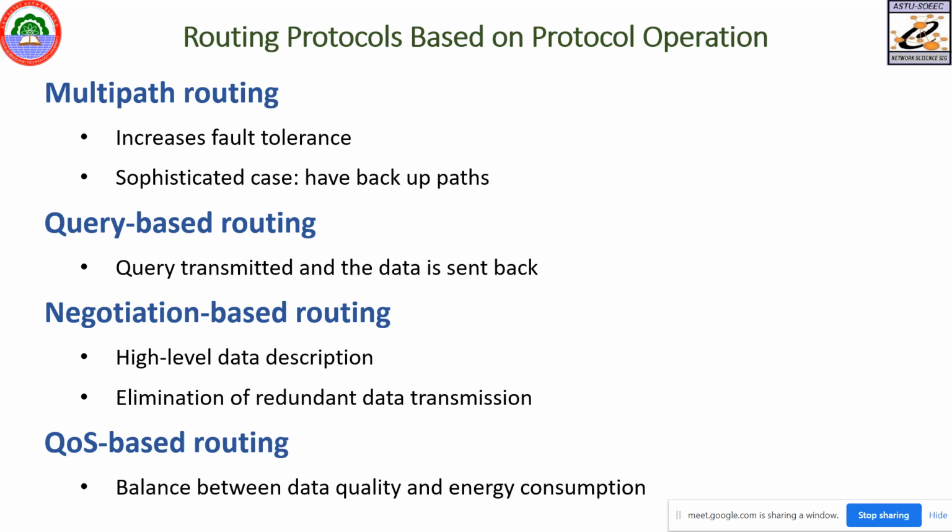When we are transmitting information, there is a possibility of receiving the same data from multiple sources. To overcome the problem of redundancy, we may use negotiation based routing protocols. There is a protocol which we are going to discuss after some time, called the SPIN protocol. These protocols are examples of negotiation based routing protocols.